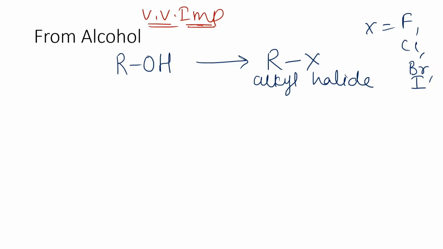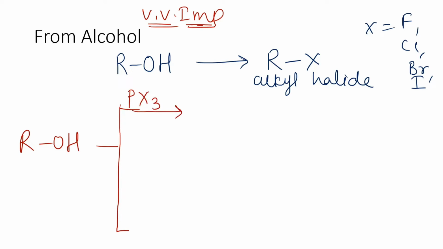So now moving to the specific methods. From alcohol, again, as I told you earlier, there are various reagents using which we can prepare the alkyl halides. So let us first jot down the various methods. First let us understand PX3, for example, PCl3, PBr3, PI3, they can be converted into alkyl halide. Even using PCl5, we can prepare RCl, very specific. Since it is phosphorus pentachloride, here I'll get the alkyl chlorides.